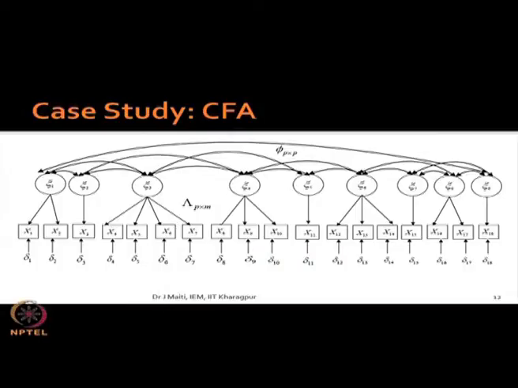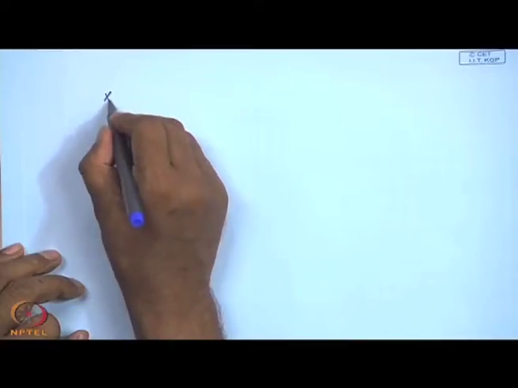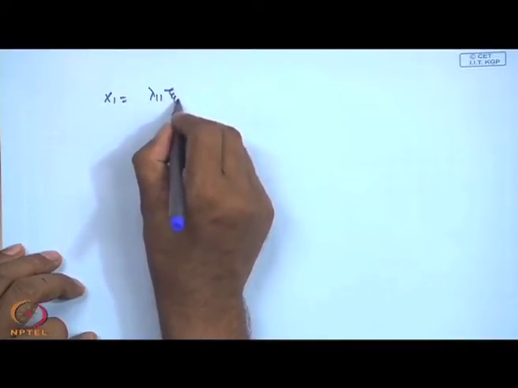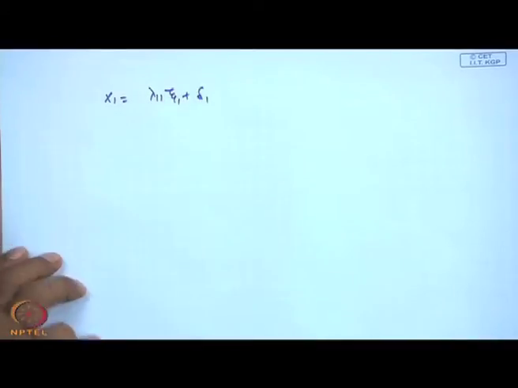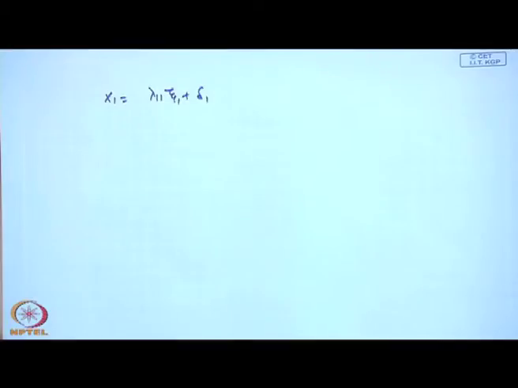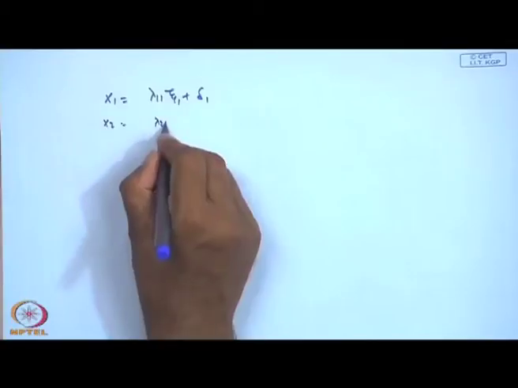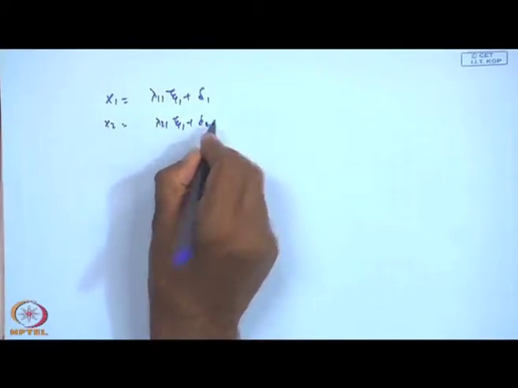I am giving only a few equations here. If I want to know x 1, I can write lambda 1 1 xi 1 plus delta 1. Similarly, x 2 will be lambda 2 1 xi 1 plus delta 2.